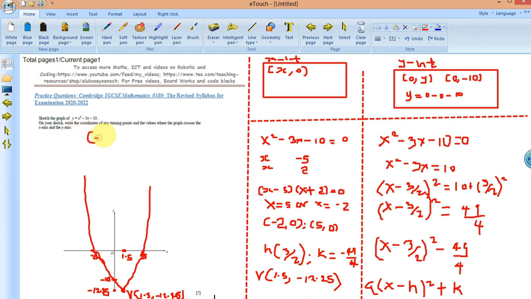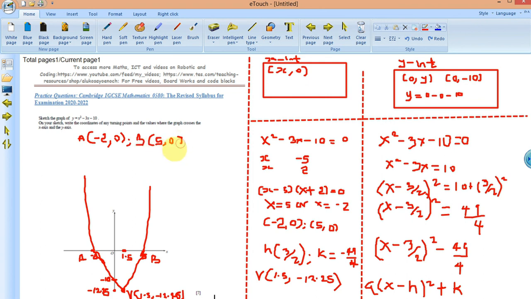Let's call that point A, and let's tag this place point B. Point B will be what? That is 5 comma 0. For more coordinates, the y-intercept here is 0 comma minus 10.